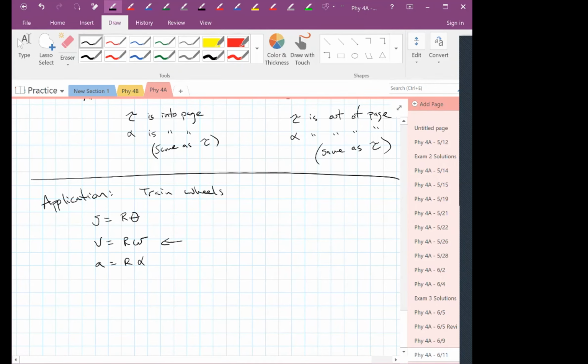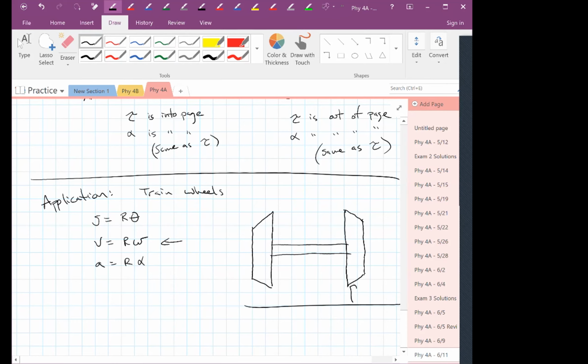So your train wheels look something like this. That's what they look like. I just took the axle out and put the two cups together. Same thing, right? Your tracks are over here.